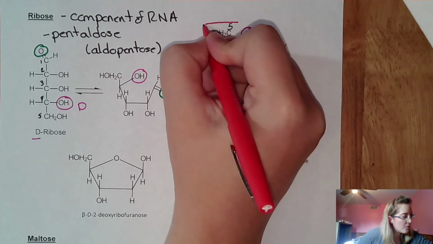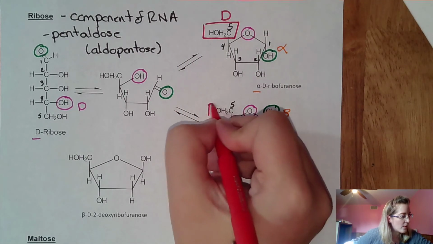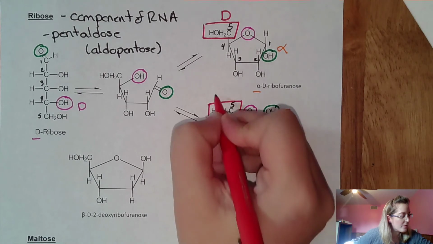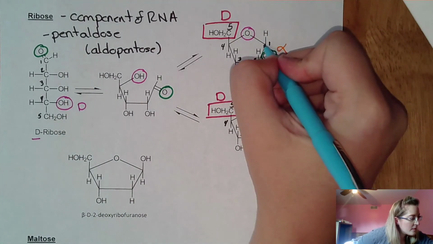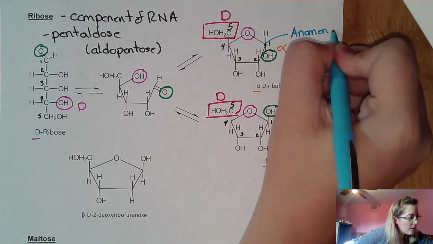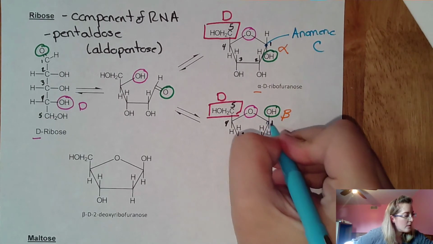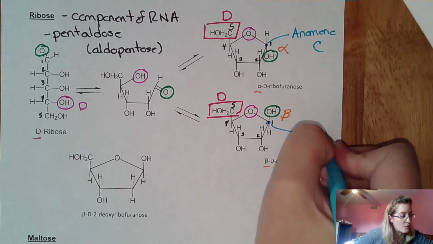Let's see, carbon number 5, that CH2OH, is in an up position, so we recognize that, ooh, that's a D sugar if you didn't already know it ahead of time. Now you do. You still have your anomeric carbon. That's this guy, carbon number 1 in this case. Anomeric carbon's also the same carbon that your alpha and beta comes from.